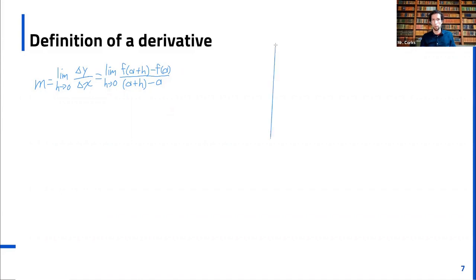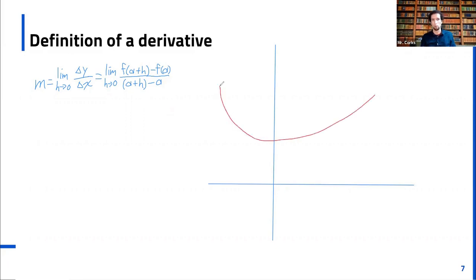Okay, so let's give ourselves a little graph here. A is an x value. Can we kind of back up a little bit? The x value of what? Let's do a steeper slope.